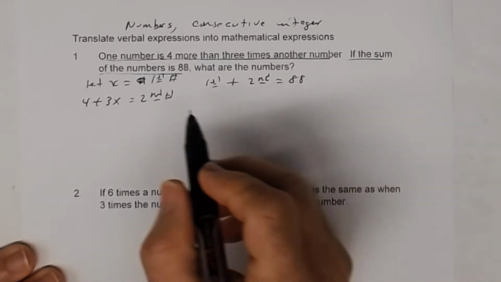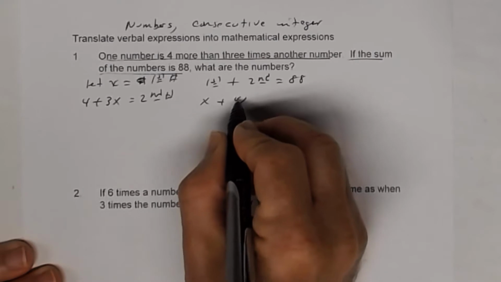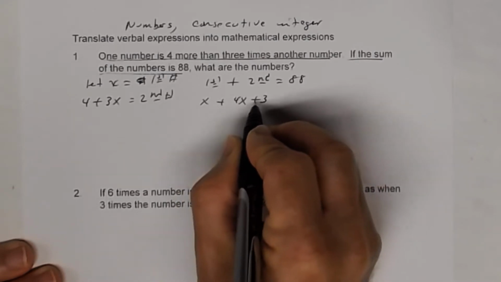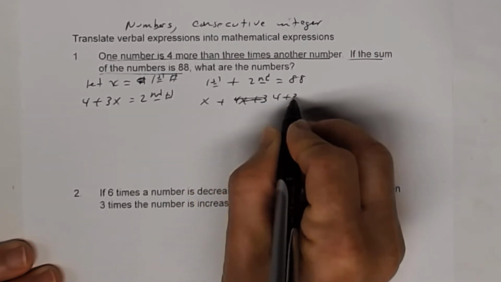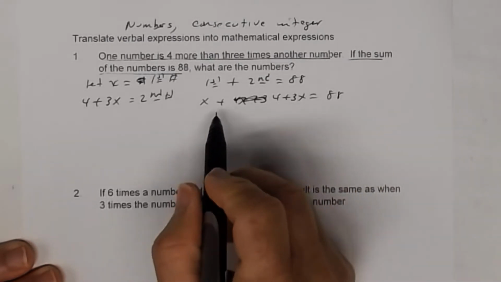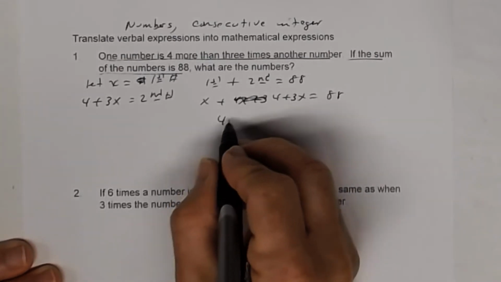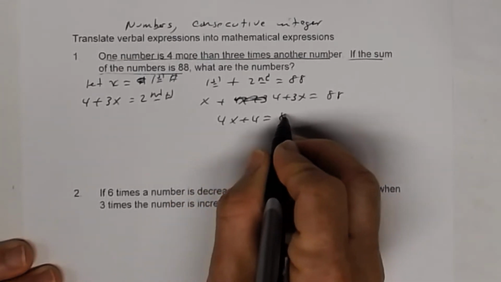So we have x plus 4 plus 3x has to equal 88. Sorry, I messed up here. Combine like terms: x plus 3x is 4x. I get 4x plus 4 equals 88.